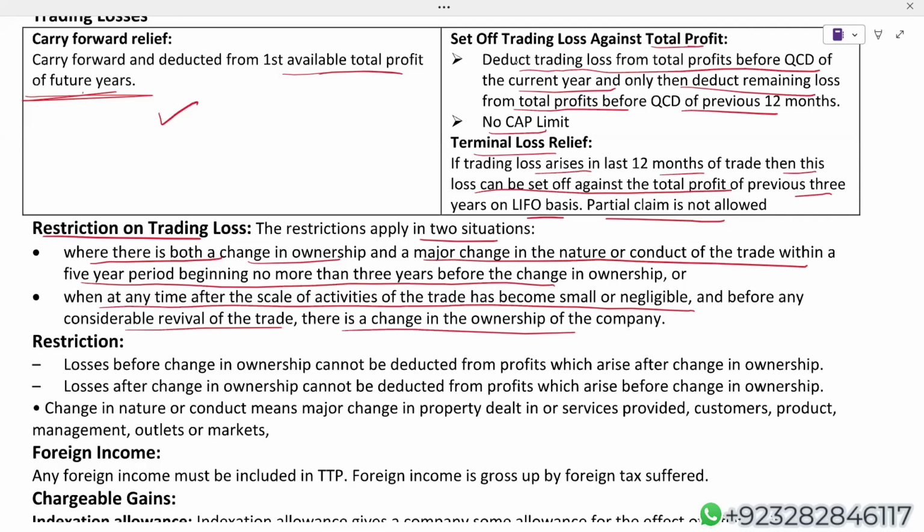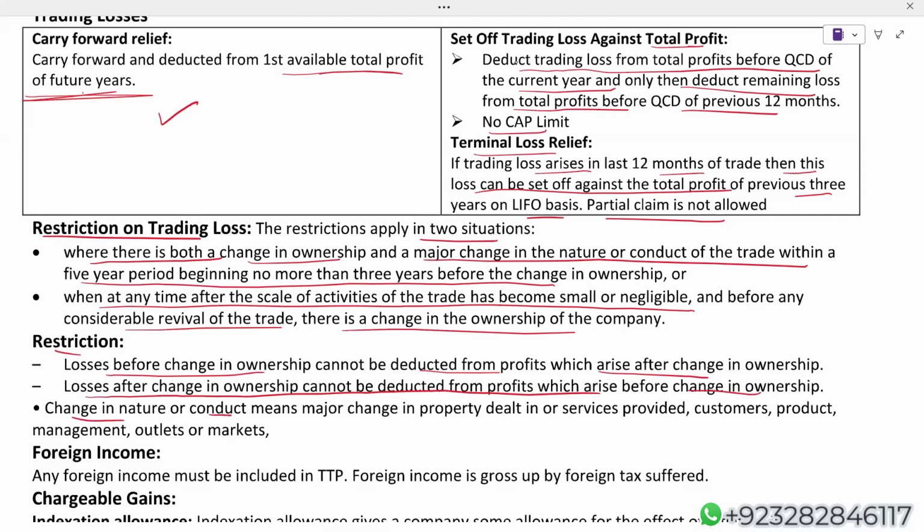B Limited cannot utilize the loss against the profit which arises after the change of ownership. Restriction: losses before change in ownership cannot be deducted from the profit which arises after the change in ownership. Losses after change in ownership cannot be deducted from profit which arises before change in ownership.